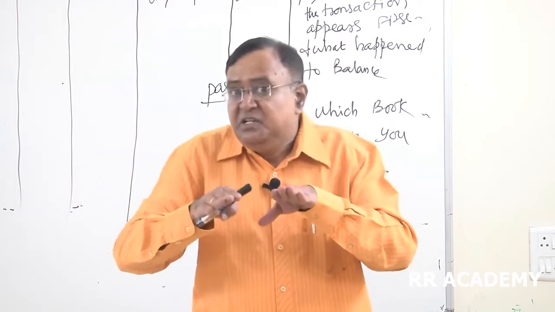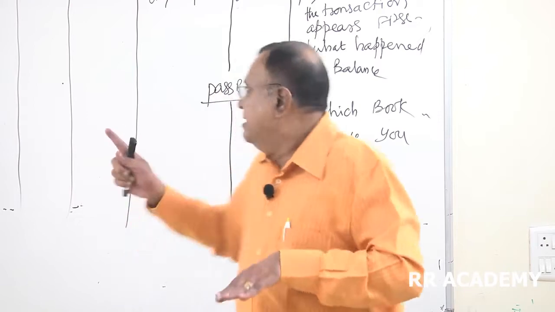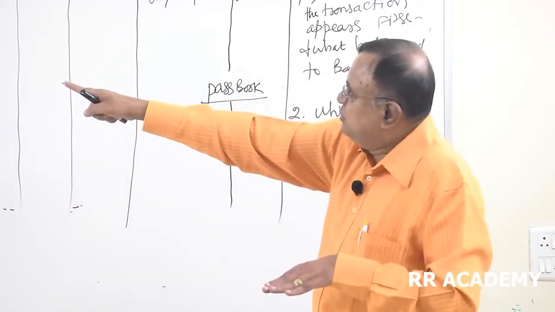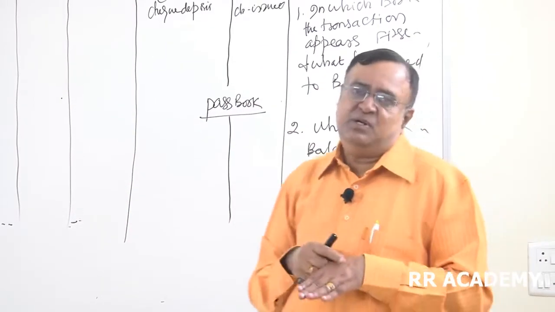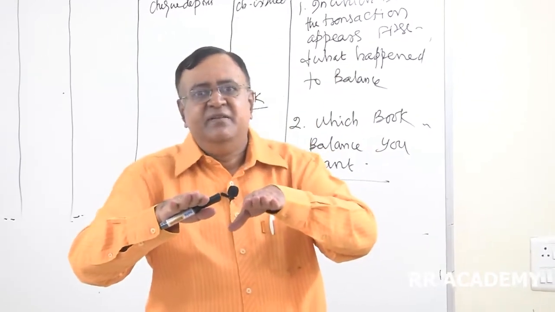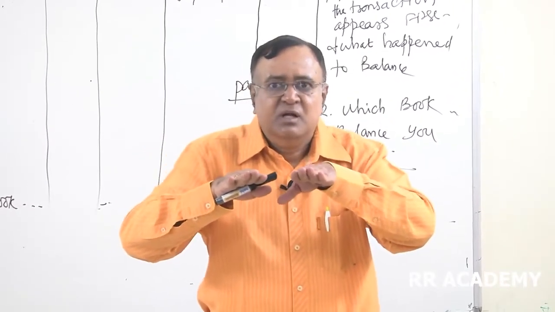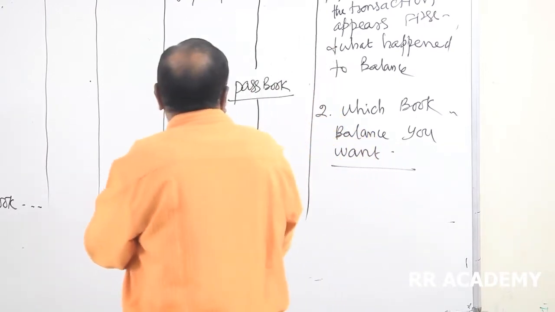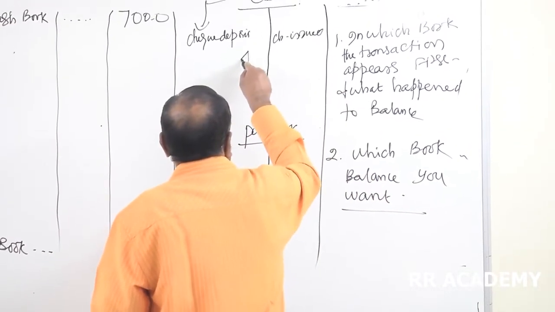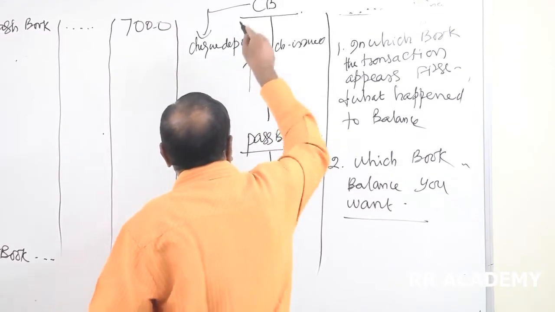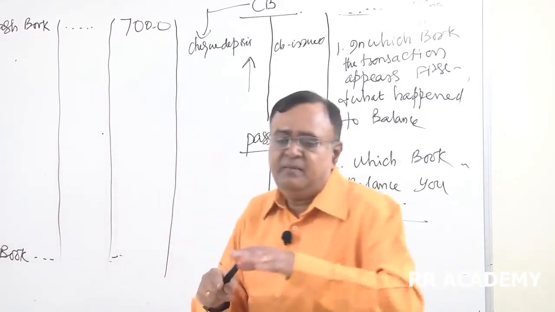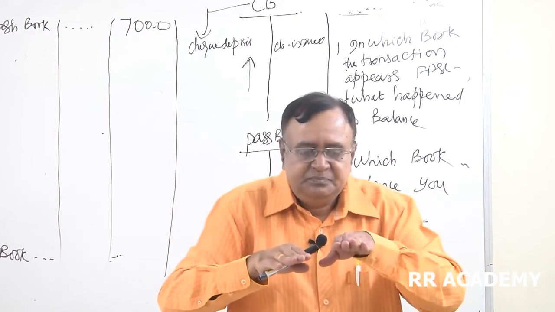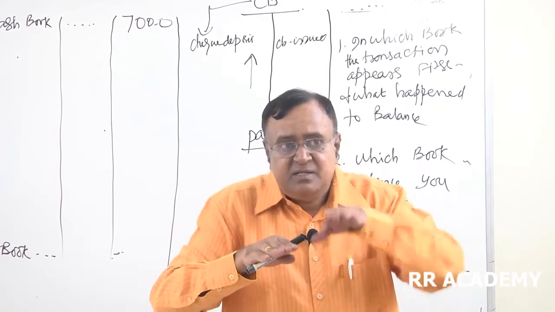Now, the first one, check received and deposited. Check received, cash book. What will happen when a check is received? The balance will go up. I receive a check, what will happen to the balance?